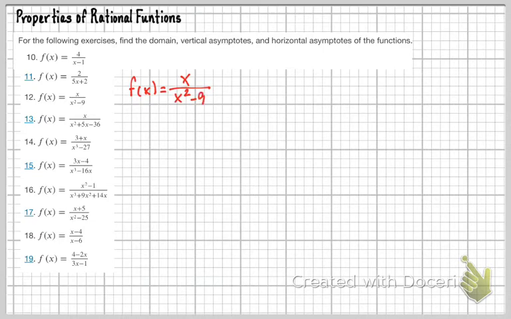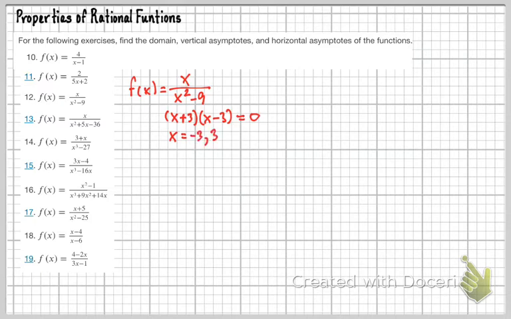Okay, so first we're going to find the domain. So that means I'm going to factor the bottom. And the bottom is a difference of squares. So that's going to be x plus 3, x minus 3. And again, I got to set it equal to 0, of course, because I want to find out what doesn't work here. So my x is going to equal negative 3 or 3.